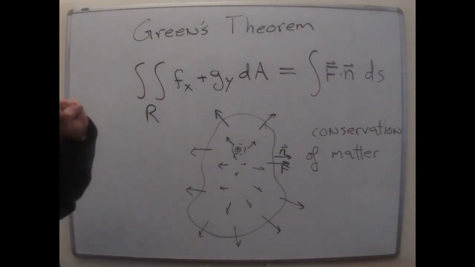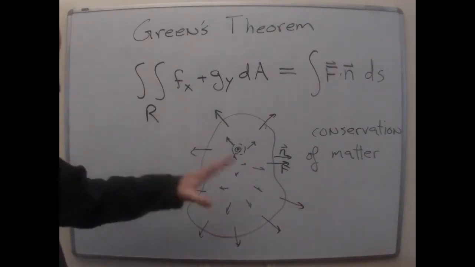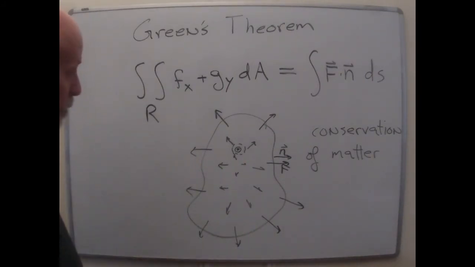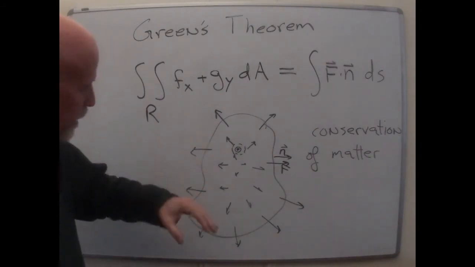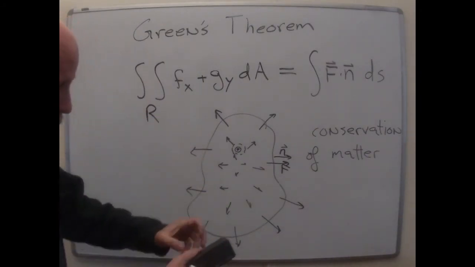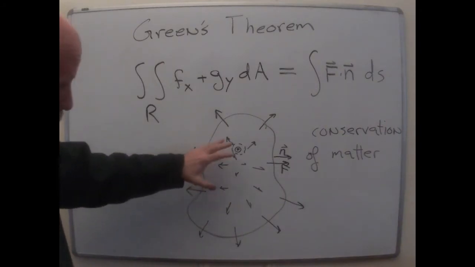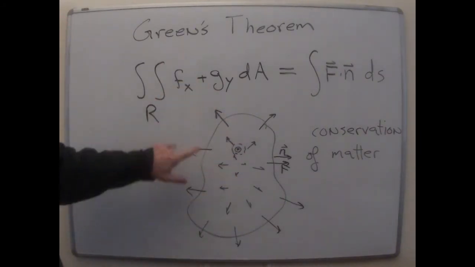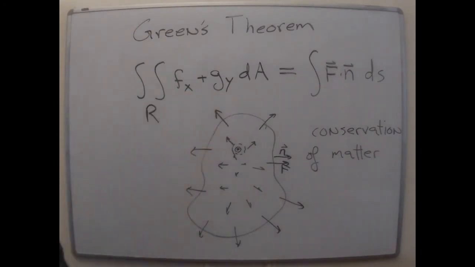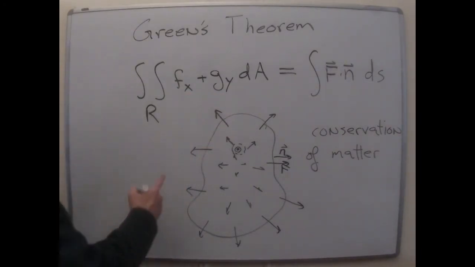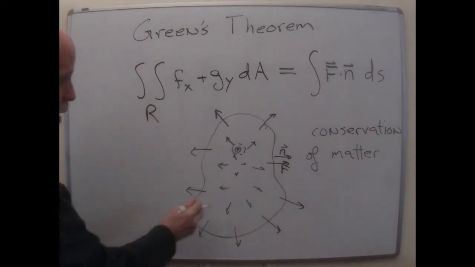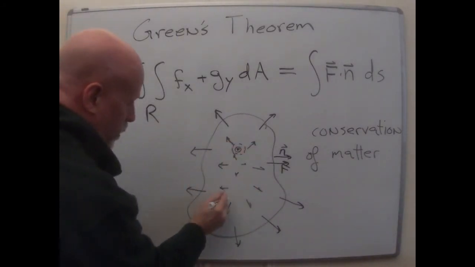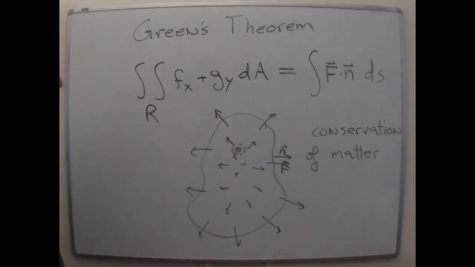Maybe you should just scatter something that floats, like those packing peanuts, into the water and then watch how they separate. Do they separate, or do they stay clumped together and move off to the side? If they're separating, that's measured by this: f sub x plus g sub y. This is called the divergence of the field. It's the tendency everywhere in there for things to spread apart.